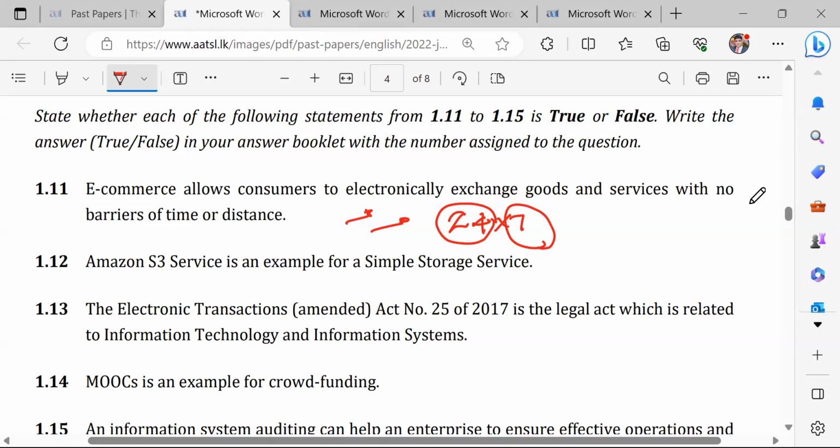Distance means if you want to buy something from Amazon, even now you can buy. There are no time barriers as well as no distance barriers. Sometimes you are buying from overseas sellers, right? Then this is true.